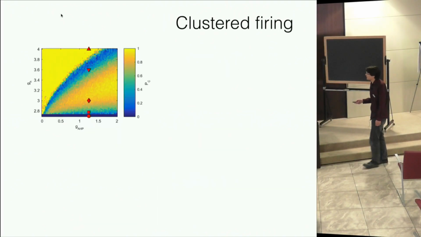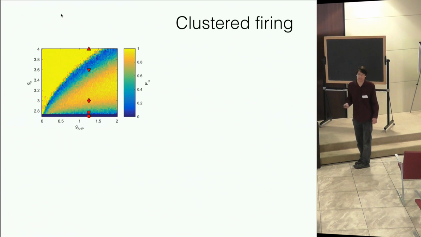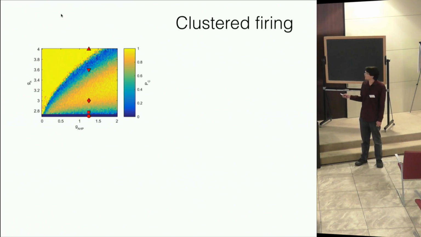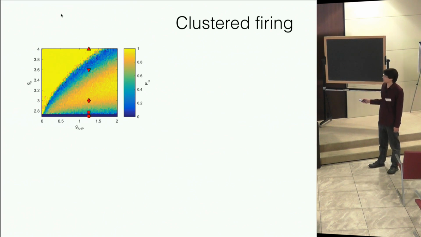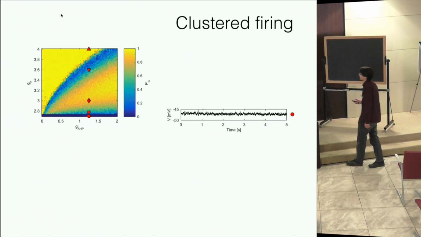Okay. So here then is the result of just doing a simulation of this model, where we report this P cluster metric that I discussed before, and we vary 2 conductances here, one to do with the AHP and one to do with the IH current. And effectively what this is trying to demonstrate is that, let's say you fix your AHP conductance and you just take a walk vertically upwards in this parameter space.